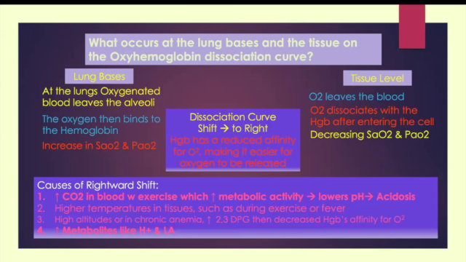So when you have this shift, it's usually caused by an increased CO2 in the blood. And we know that CO2 turns into an acid once it's in our bloodstream. And this could happen in just normal routine exercise time. And, you know, that's why we like exercising for patients, because it's going to help them increase the metabolic activity of their whole body, including the hemoglobin.